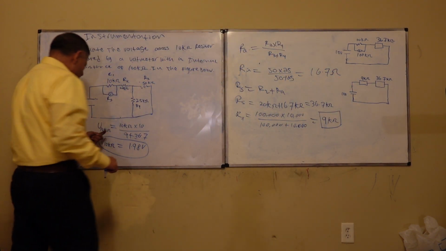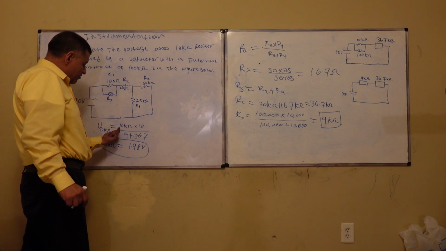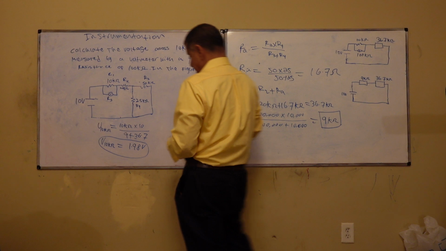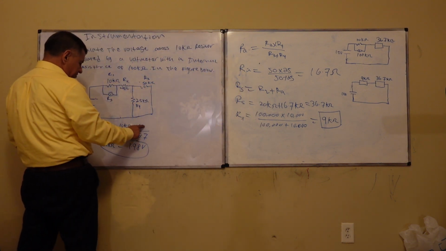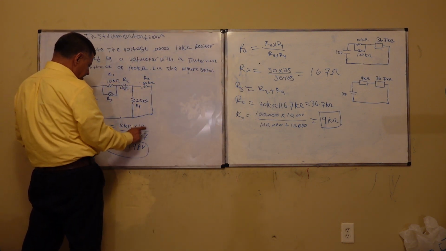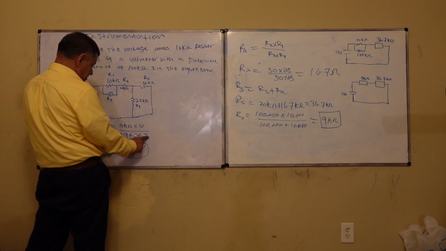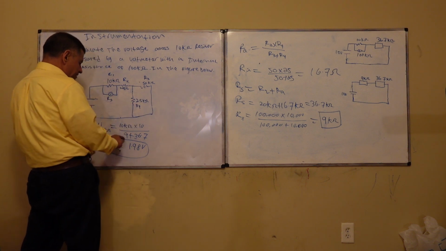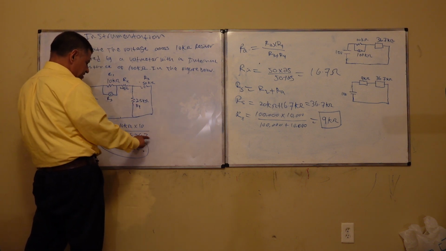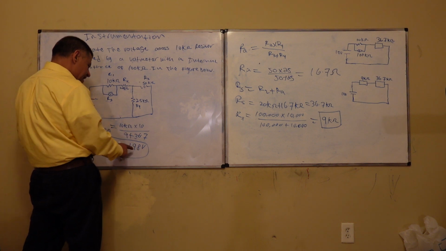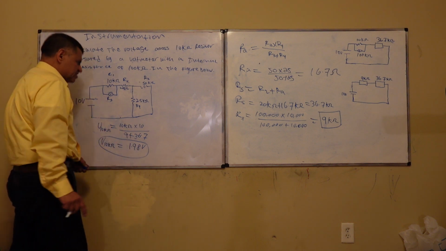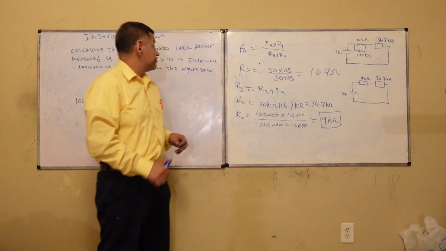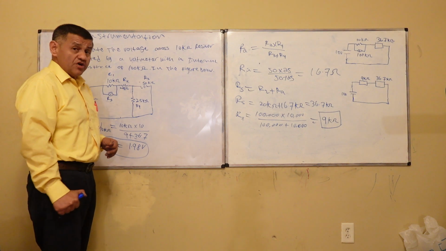We took the 10K, which is the voltage that we want to find across that, times the 10 volts, and divided by the sum of the resistances. And then we got 1.98 volts going across that resistance. And that's it for this video. Thank you for watching.